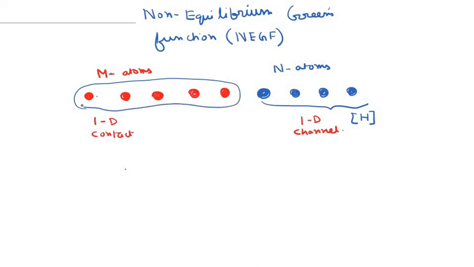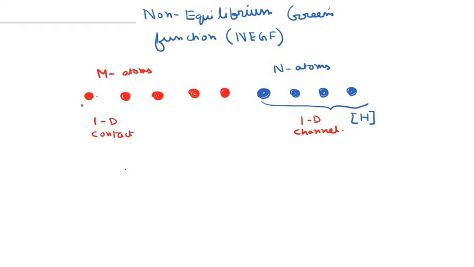For example, if the contact does not have electrons at a given energy, then at that energy no electron can flow through the channel because the channel would be collecting the electrons from the contact only. So if corresponding to a particular energy there is no state in the contact, then at that energy, even if the channel has some state, no electron would flow through the channel because no electron is available at the contact at that energy.